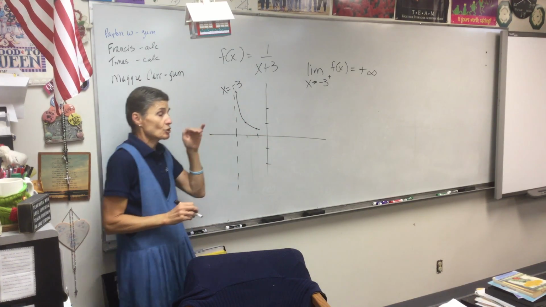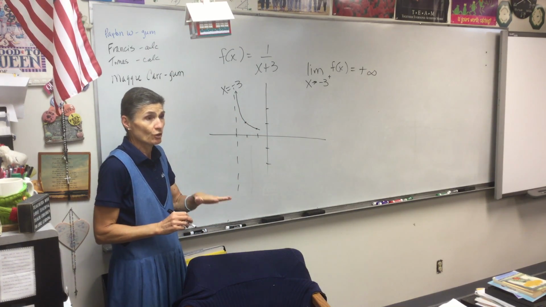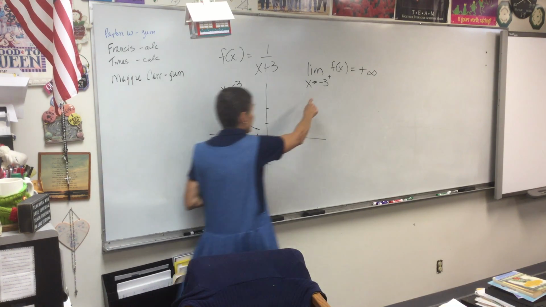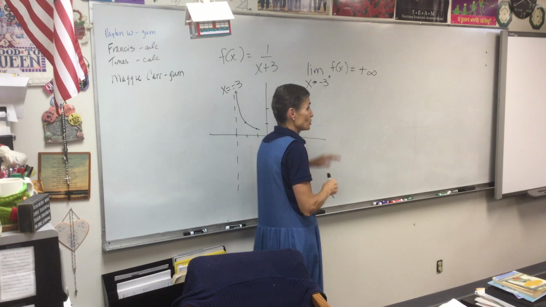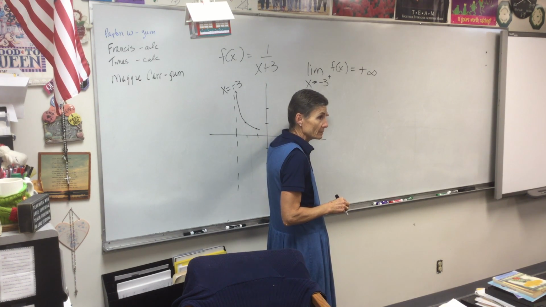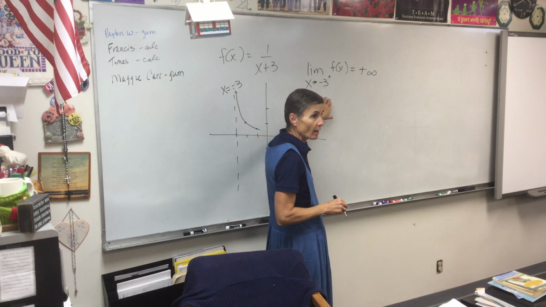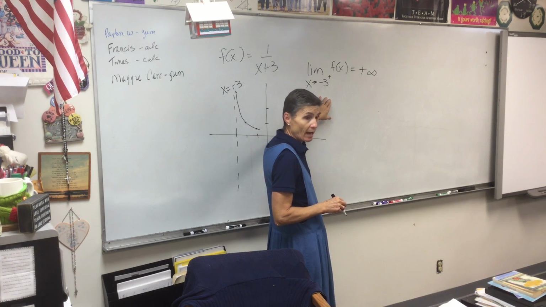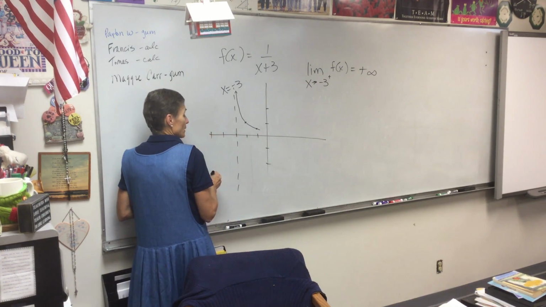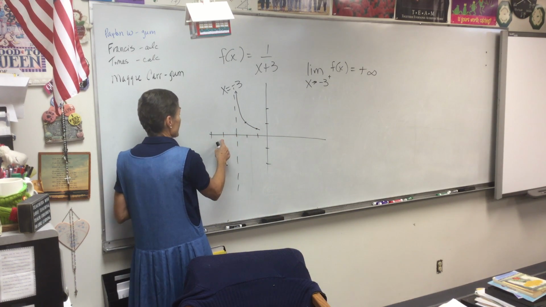Your job is to describe the behavior of the curve as it approaches its asymptote. So what this tells me is, as I approach the asymptote from the right, my pencil goes up. This is the math language for, as I approach from the right, I go up. Now, what happens on the other side? Let's put in -4.